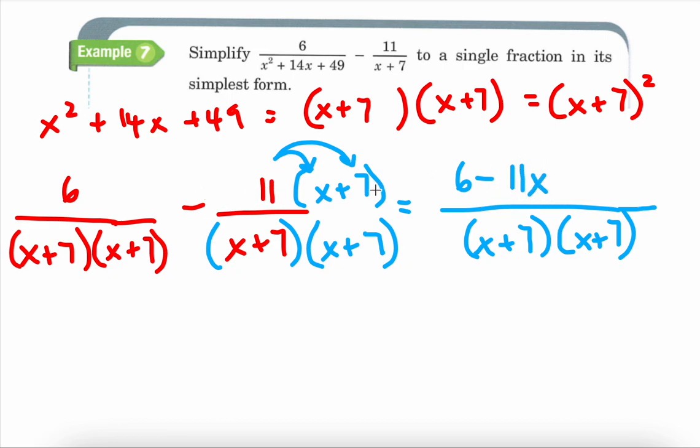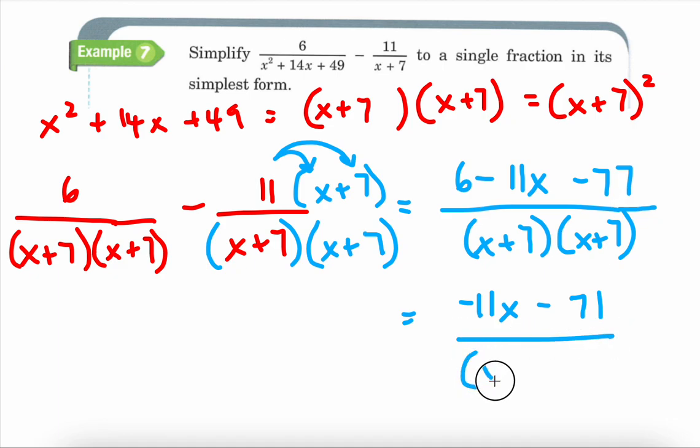So negative 11 times 7 is negative 77. And then I can simplify by combining my 6 minus 77. So the negative 11 stays together. And this becomes minus 71, because 6 minus 77 is negative 71 over x plus 7 times x plus 7.